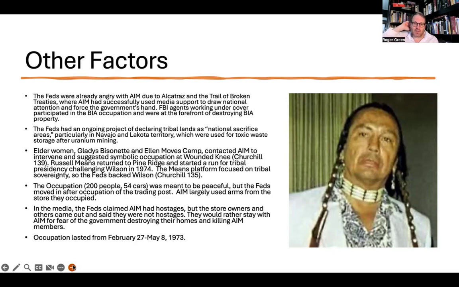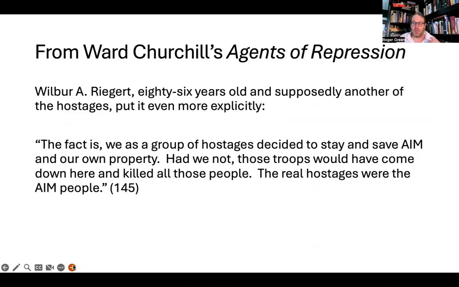They said that they would rather stay with AIM because they were afraid that the U.S. government was destroying their homes and killing AIM members. The occupation lasted from February 27th to May 8th, 1973, and it was all over the news every night alongside the Vietnam War and things like that, right?